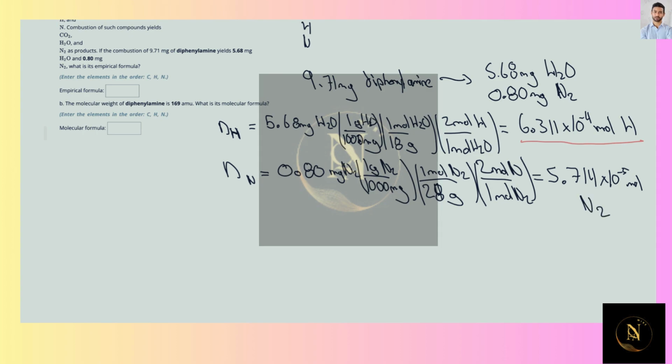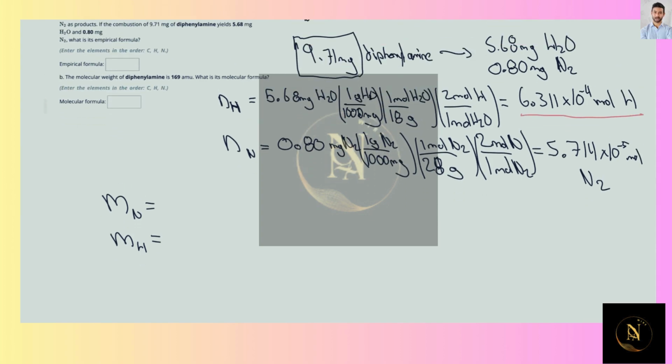Okay, so now with this information, what we can get is the mass corresponding to nitrogen and the mass corresponding to hydrogen that we're going to have. And we're going to find those masses in milligrams because we know that the total amount of sample is 9.71 milligrams. Knowing this is going to allow us to calculate what is going to be the mass corresponding to carbon. Okay, so for the mass of nitrogen, we're going to begin again with the amount of mole. Sorry, in this case is of nitrogen atom, not of N2.